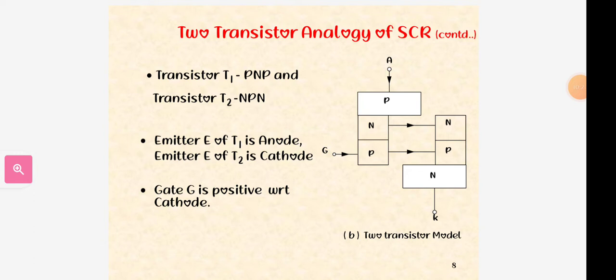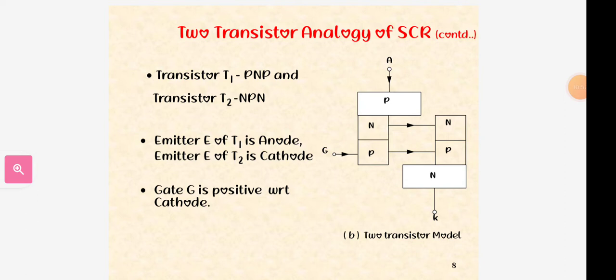Here transistor T1 is the PNP and transistor T2 is the NPN. The emitter E of transistor T1 is the anode, the emitter E of transistor T2 is the cathode, and the gate G is positive with respect to the cathode.